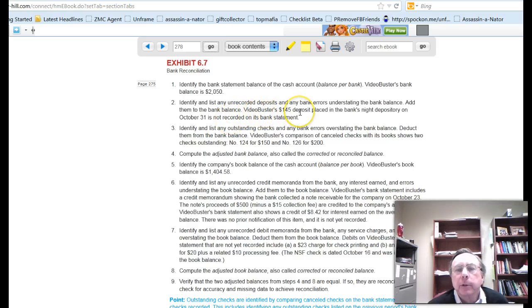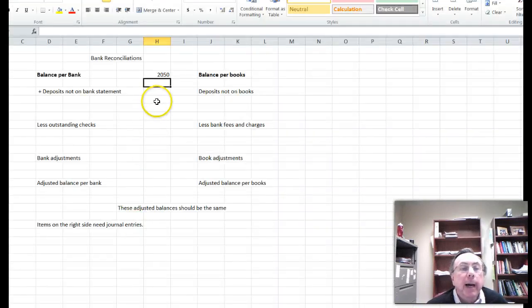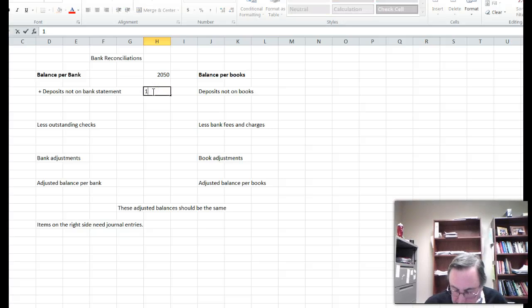So Video Busters, $145 deposit placed in the bank's night depository on October 31st is not recorded. So we can add that in. It probably was recorded on our books, but not on the bank's books. So deposits not on the bank statement, $145. Got that one in. That goes on the left as well.